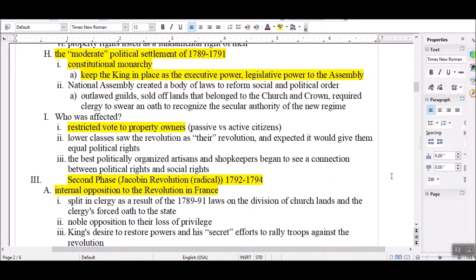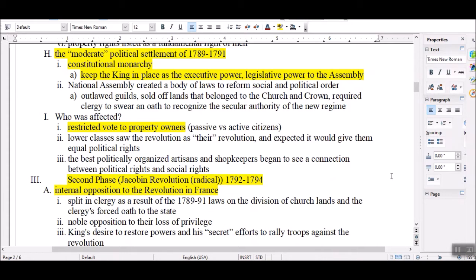Therefore, you were more likely to care what happened to your country, and that made you more active in political life. Whereas if you just happen to live there, you don't own any property, that means that you're a passive citizen. They will eventually rethink that, as will the Americans, but it's a reasonable idea, even if in execution not great.